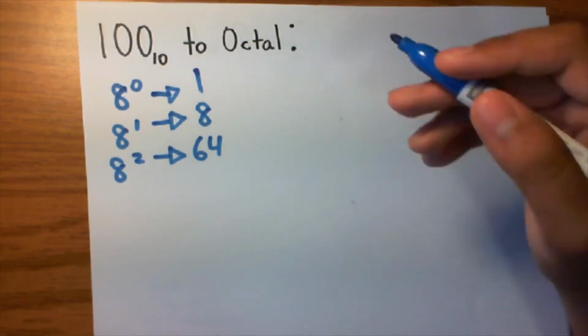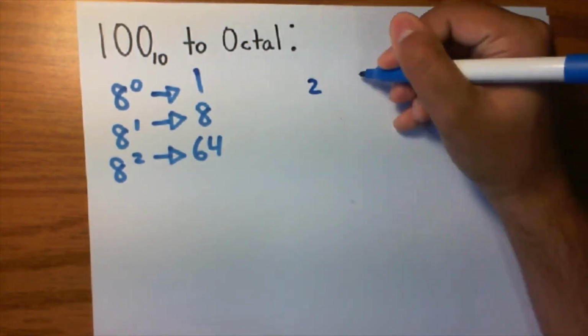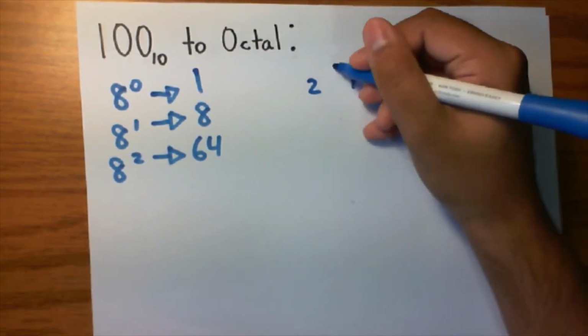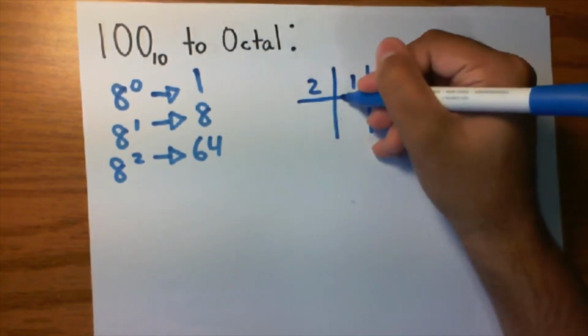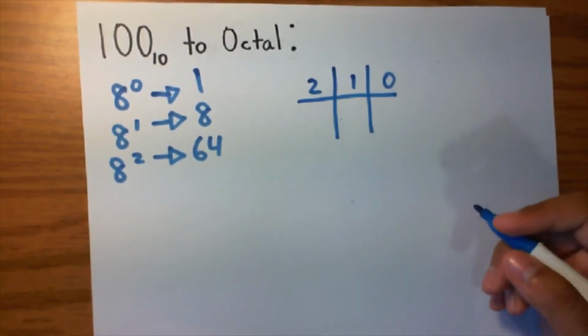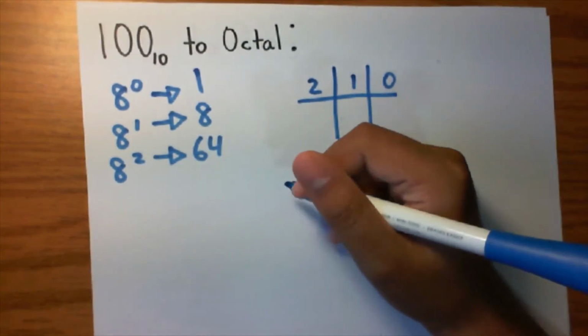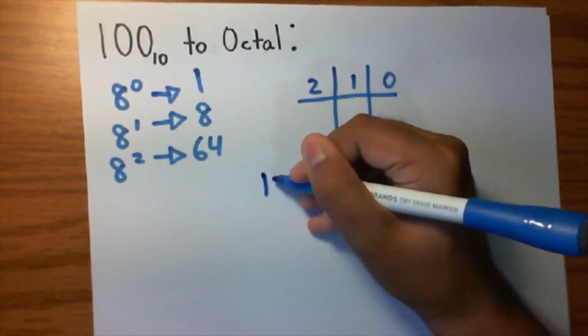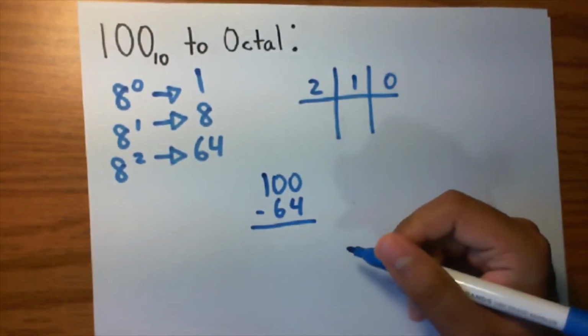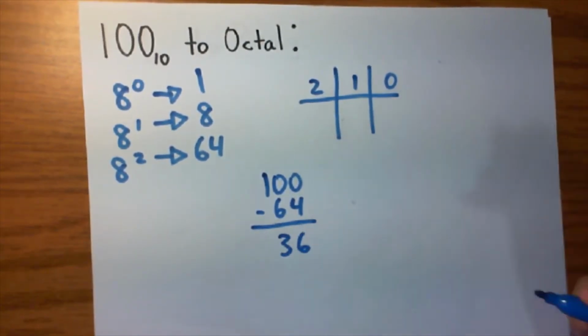So what we have is the digits 0, 1, and 2. So these are the three digits that we're dealing with and that we're trying to find values for. So what we're going to start off with is 8 to the second, which is 64. So we can do 100 minus 64, which is 36.